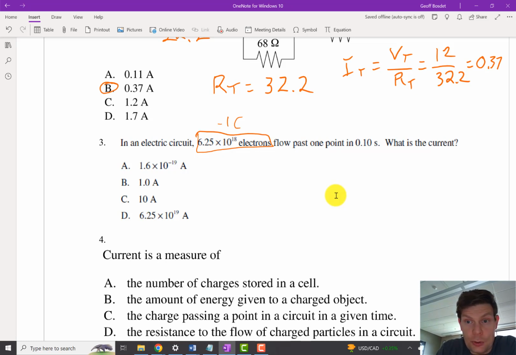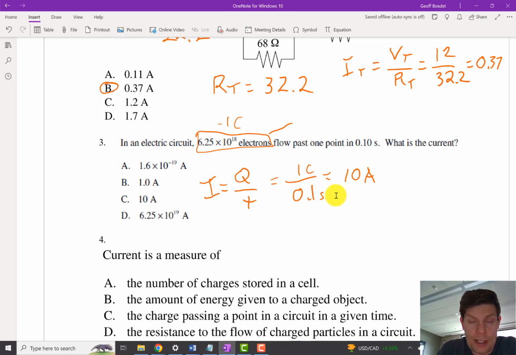So an amp is a coulomb per second, so all we got to do is do 1 divided by 0.1. Current is equal to charge divided by time, which in this case is equal to 1 coulomb or negative 1 coulomb, whatever, divided by 0.1 seconds, and that equals 10 amps.